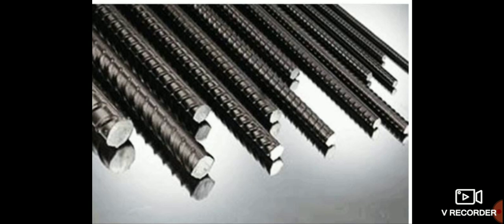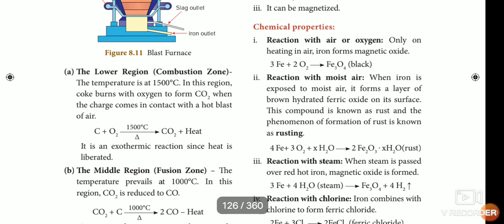Then the next one, chemical properties. The chemical properties of iron: the first reaction is the reaction with air or oxygen.